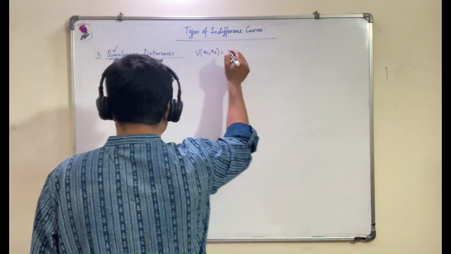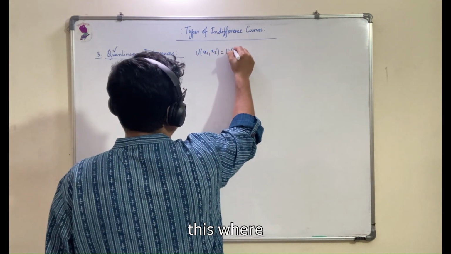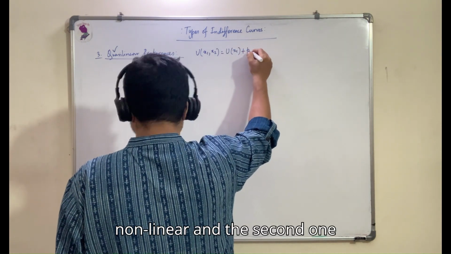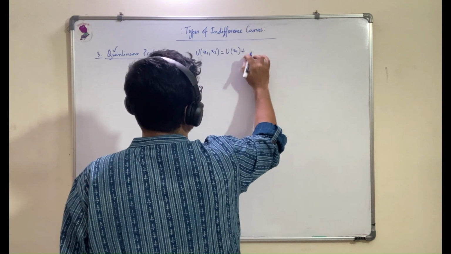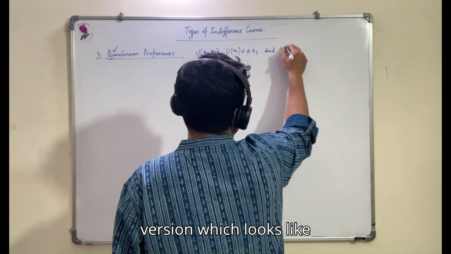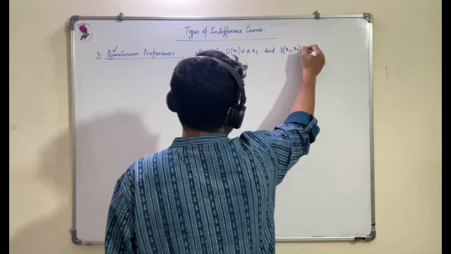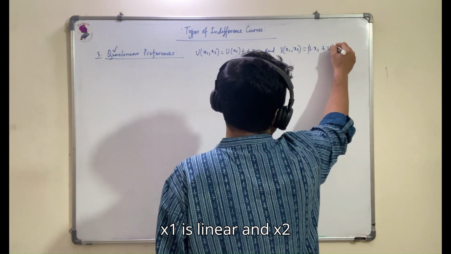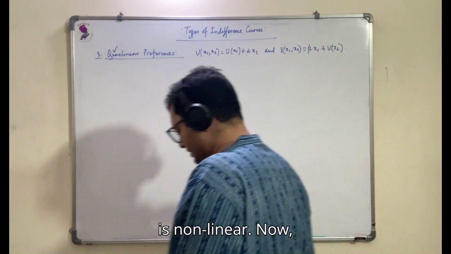One can be this, where x1, the first commodity, is non-linear and the second one is linear. And we can have a version which looks like just the opposite. So this time x1 is linear and x2 is non-linear.